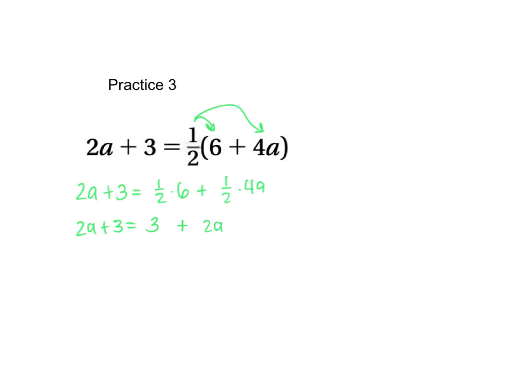We can already see it's going to be either an identity or no solution. These cancel, these cancel. We got 3 equals 3. a has infinitely many solutions.